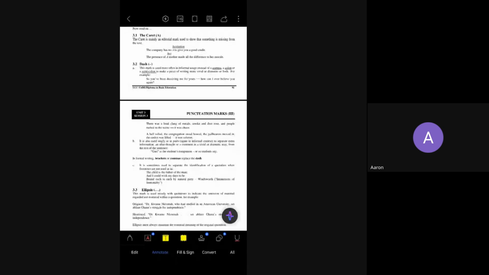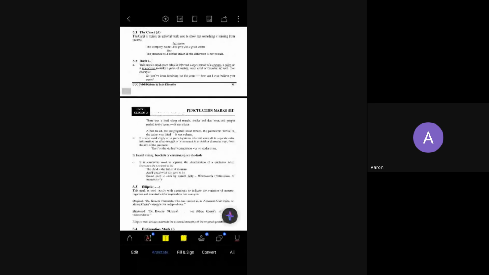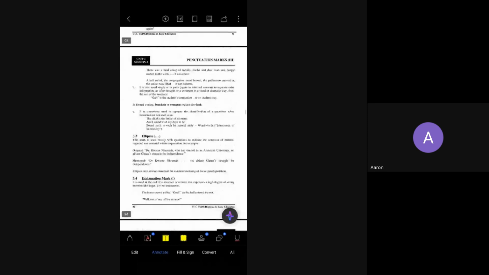What is the difference between the dash and the hyphen, in terms of how it is written?